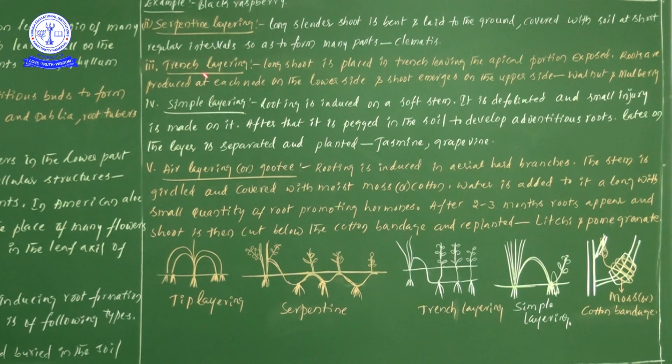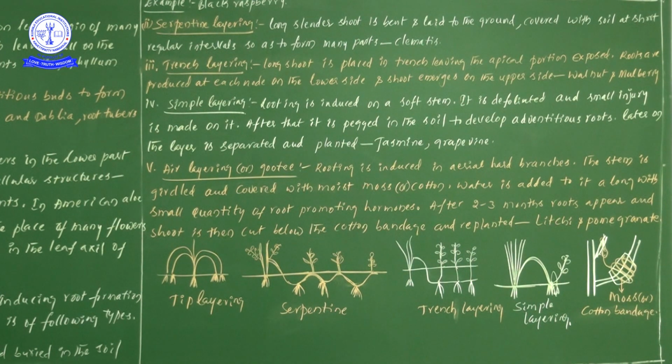Next one, trench layering. Trench layering will also be like that. Here is the diagram I have drawn with white chalk. Again we take a long shoot and place it in the trench.